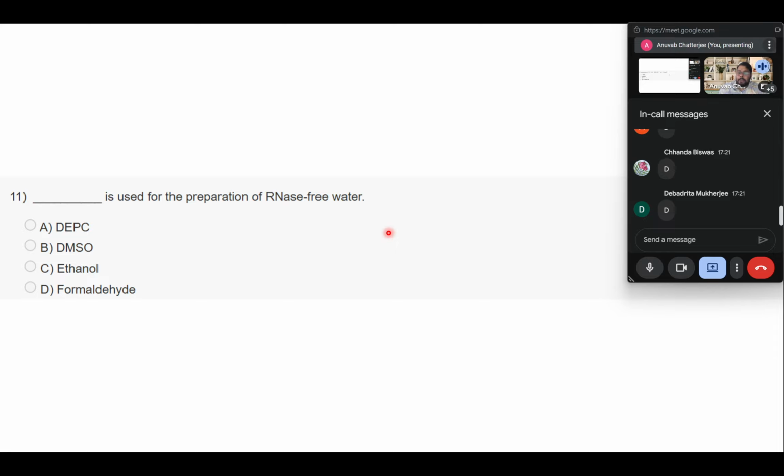The options are DEPC, DMSO, ethanol, and formaldehyde.